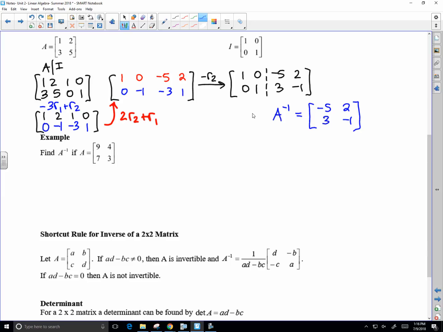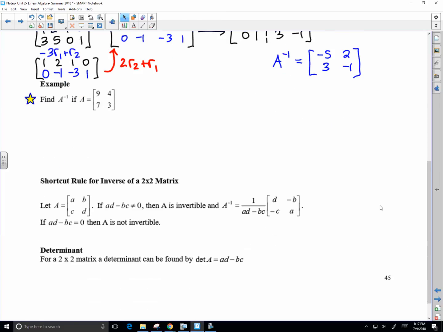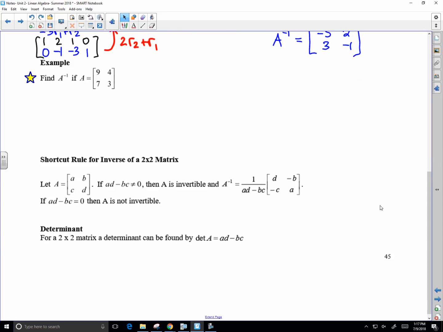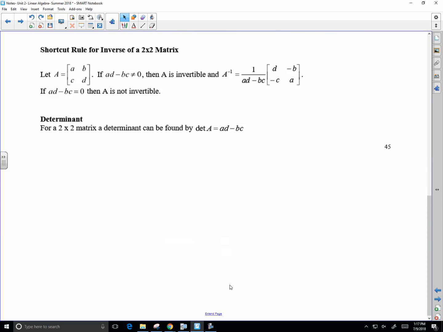All right. So I'll put a star on this one. I'm just having a moment of internal debate where it's like, do we prove the shortcut rule, or do we just let that one go for now? I get an idea.